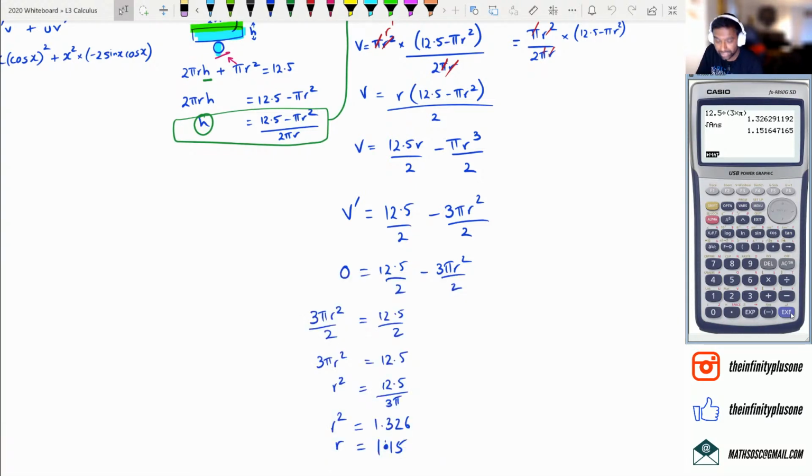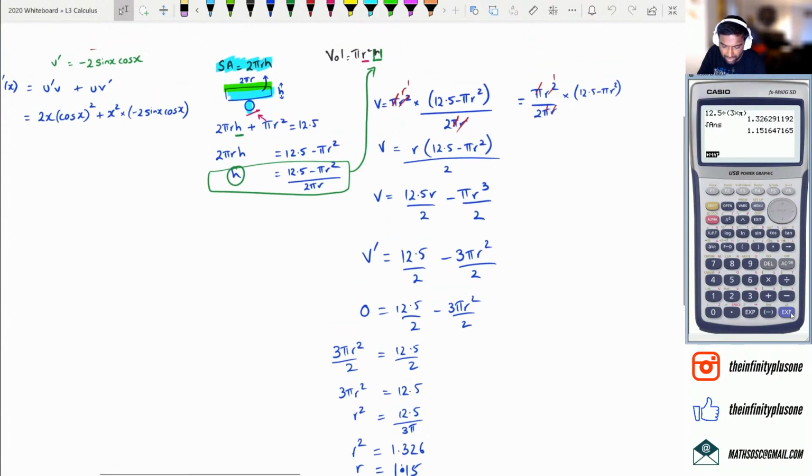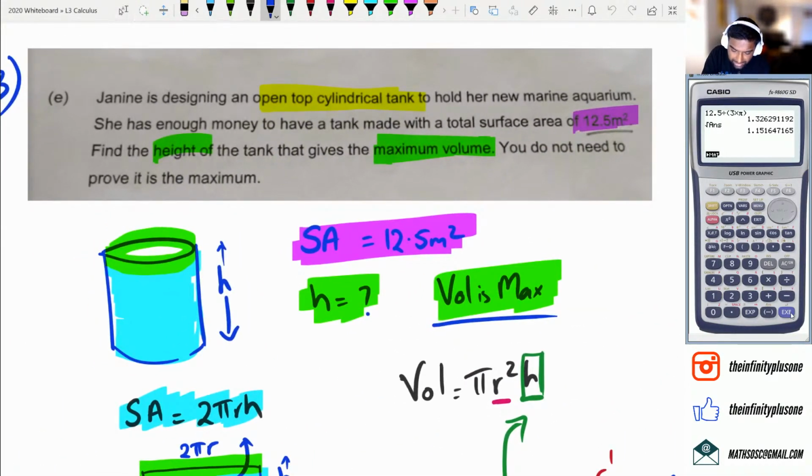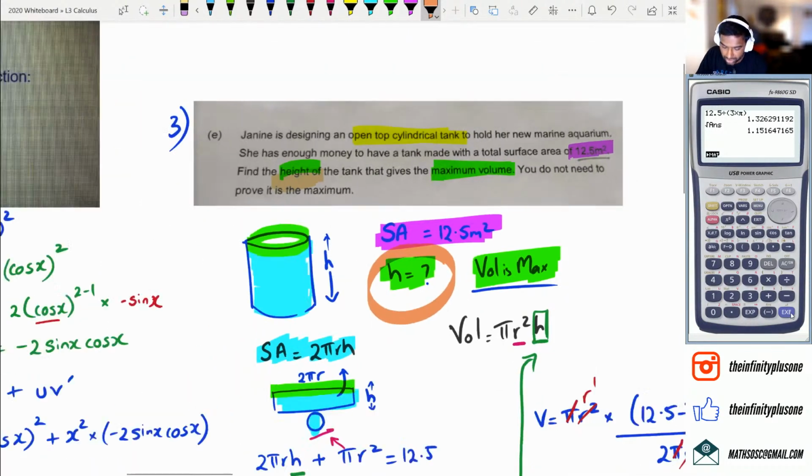Now, the question actually asks, if you go back to the question, this is where people, again, we all get excited. We're like, oh, we got the answer. We got 1.15 and we're good to go. I think you must have done a rearranging mistake there, TS. If you go back to the question, the question actually says you want to find the height of the tank.